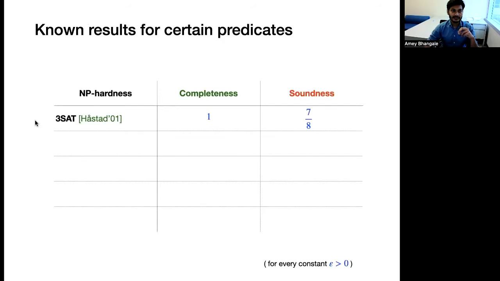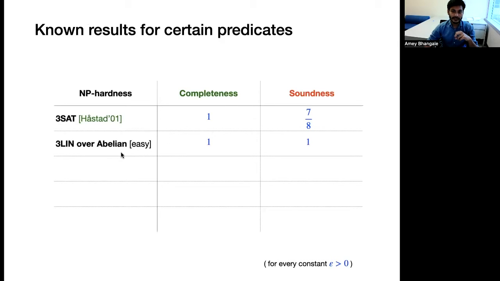Now let's look at a few predicates for which tight results are known for some values of C. For 3-SAT, Håstad showed that the random assignment algorithm is tight. So even if the instance is fully satisfiable, it is NP-hard to find an assignment with value at least 7/8.